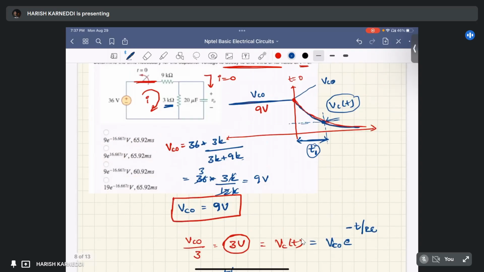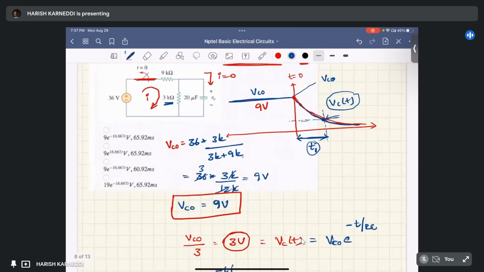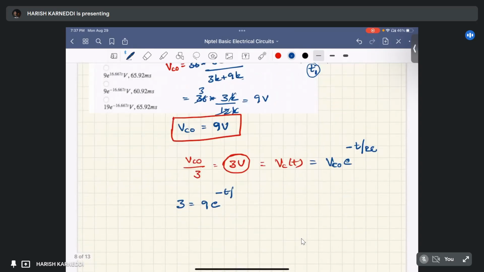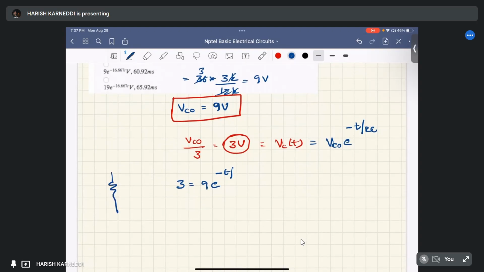The value of resistance: now the switch is open, so the circuit looks like this, with this resistance connected. Am I audible? Yeah, thank you.